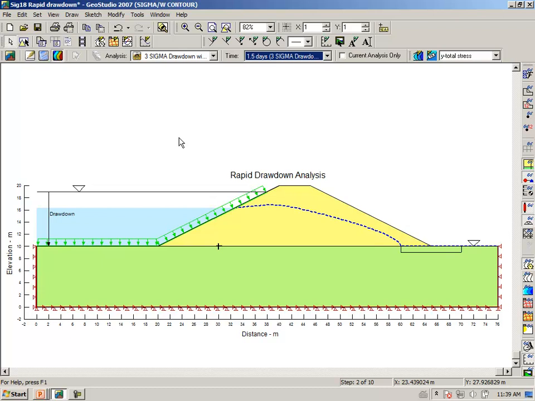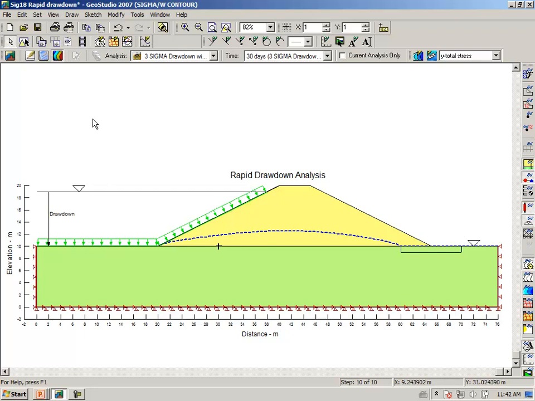Drawing the reservoir down after a day and a half. After 2.5 days, and after 4 days, and after 6 days, the reservoir has been completely drawn down, but the pore pressure inside the embankment continues to dissipate with time. And I believe that we have a maximum of 30 days after the reservoir was started to be drawn down.